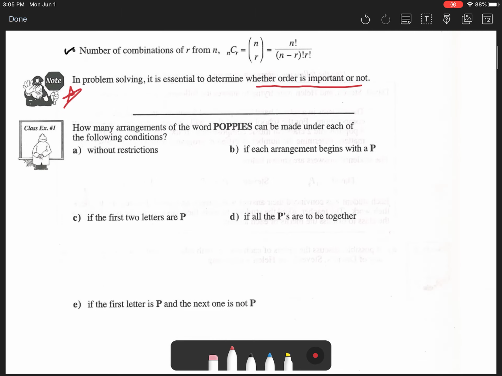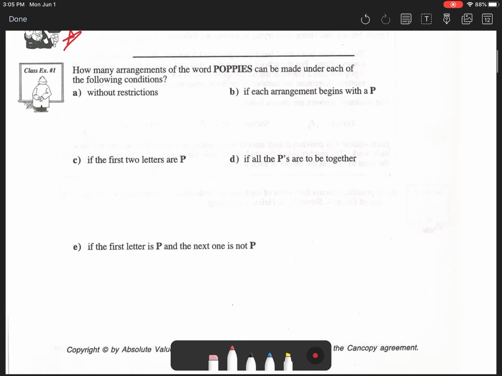So the first question says, how many arrangements of the word poppies can be made under each of the following conditions? So, without restrictions. What I look at in a question like this is how many things I want to order. That's 1, 2, 3, 4, 5, 6, 7. There are 7 elements that I need to arrange, so the way we arrange 7 things is just 7 factorial.